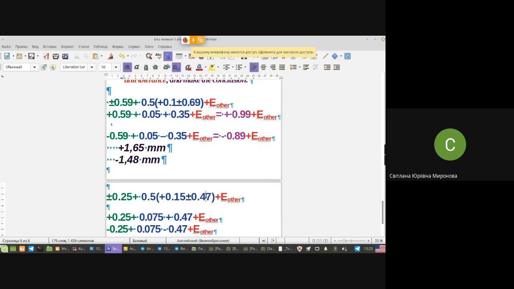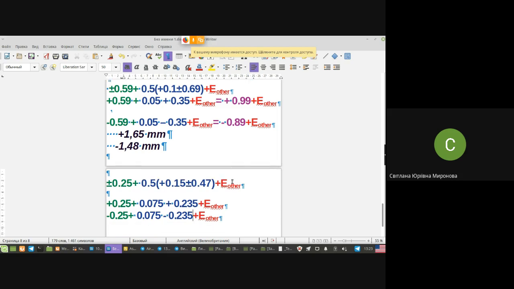Sorry, not 47, not 47. Oh my. 2, 3, 5. Half of it, I forgot. 2, 3, 5. You just have seen how it's appeared. That is the work of human factor, as it called in manufacturing. How mistakes may appear.